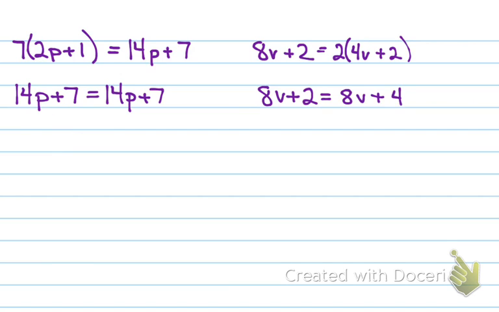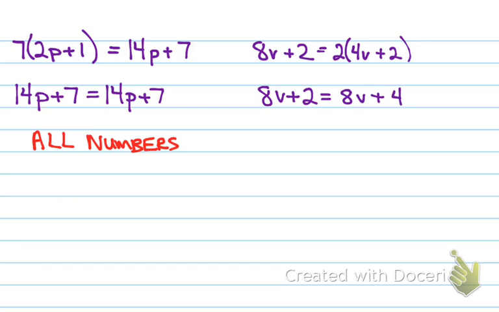So what it's saying here is those numbers will equal, and you can view it this way too. If I plug in a number here for p, and I plug it in here, both sides are still going to be equal. Say I plug in 2. Well, 14 times 2 plus 7 is 35. It's going to be 35 on the other side. So because they are identical, my answer is all numbers.